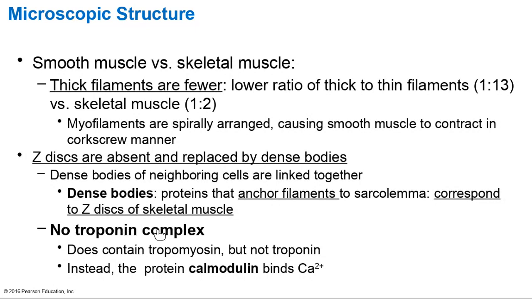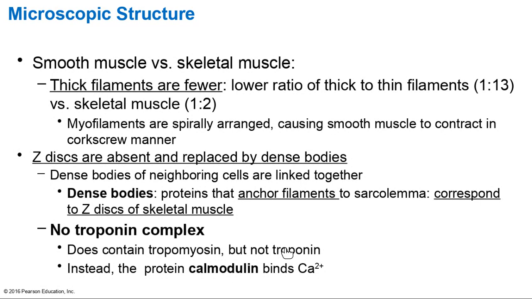There is no troponin complex. Very different here from skeletal muscle. We have tropomyosin, but we do not have troponin. So although we still have a similar deal where calcium is coming out of the SR, calcium is going to bind to a different protein.